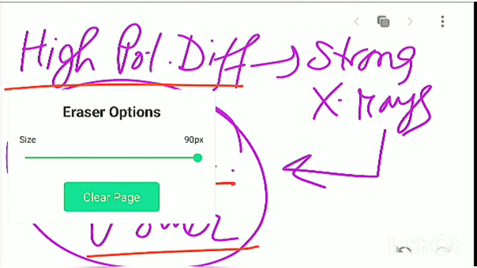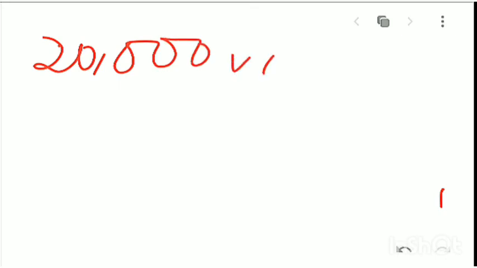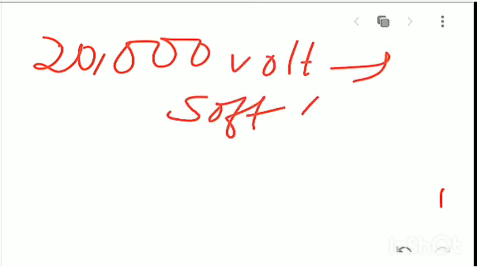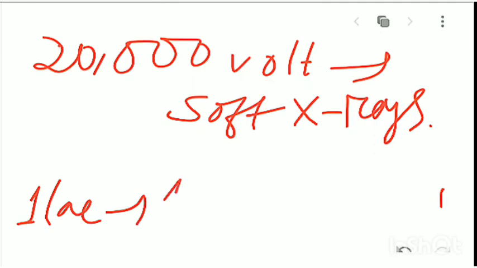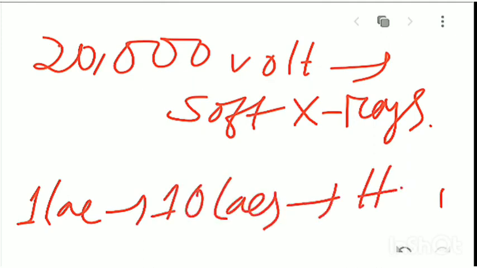Usually, the X-rays you get from about 20,000 volts are quite weak. They are called soft X-rays. Usually we can also go to 1 lakh to 10 lakh volts, and those X-rays are strong and called hard X-rays. Hard X-rays mean more penetrating power.